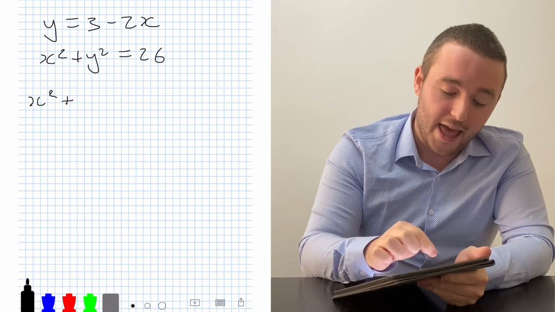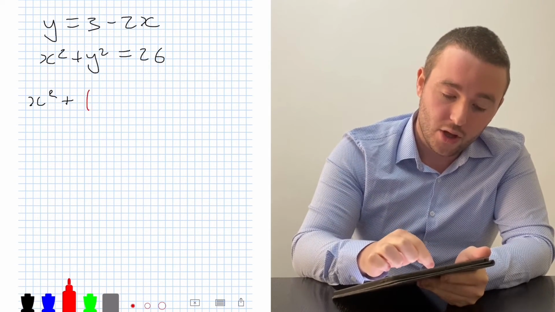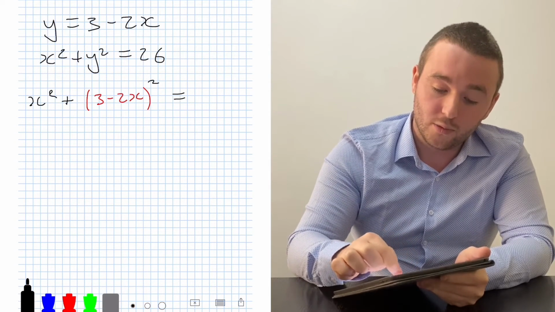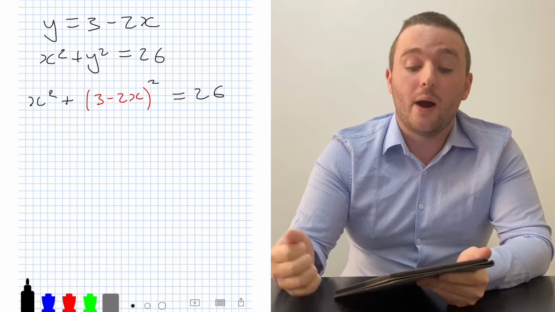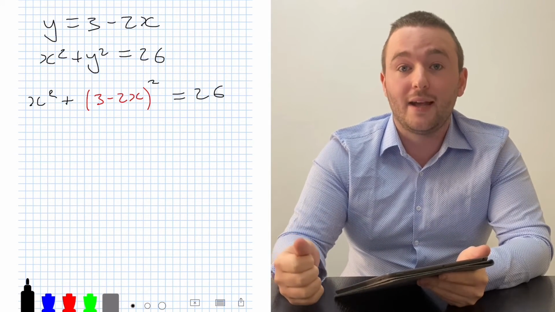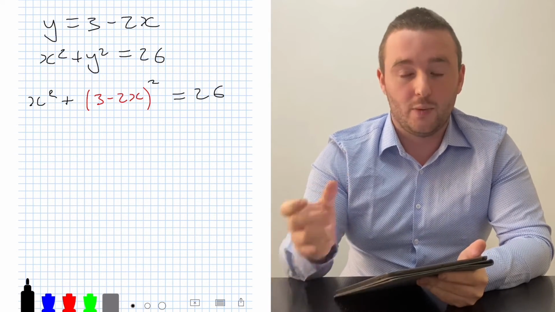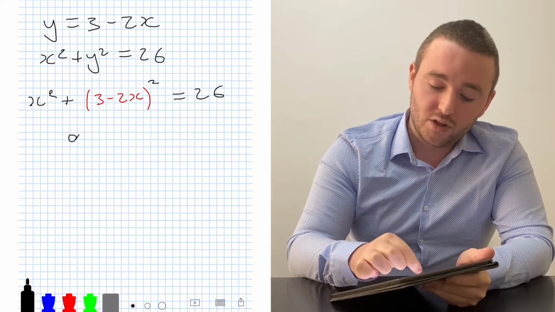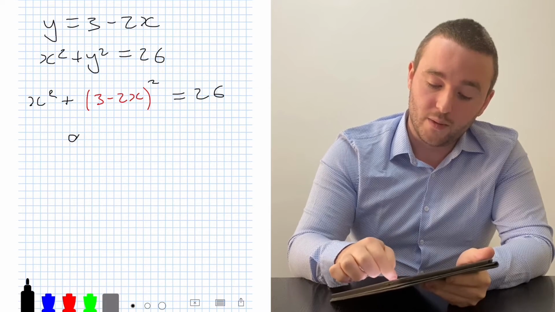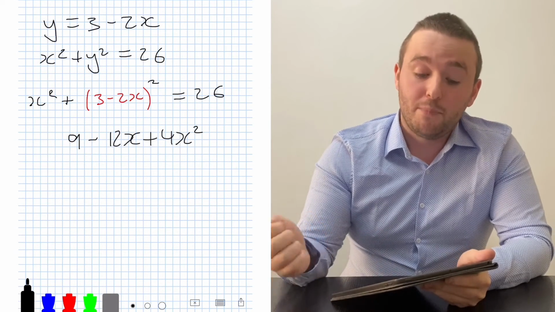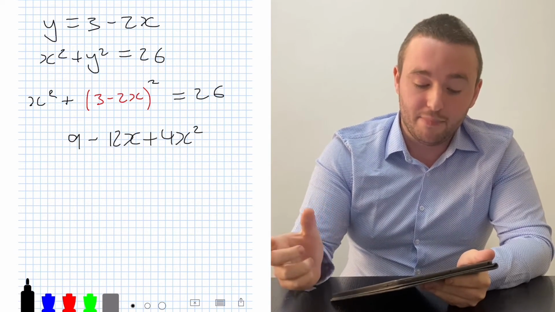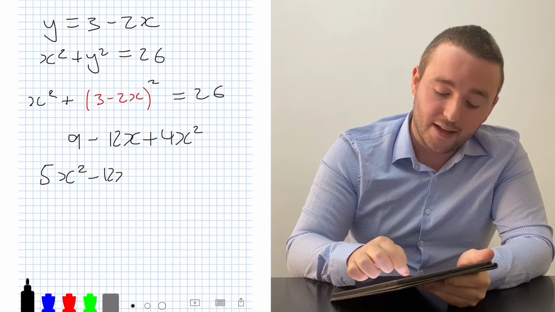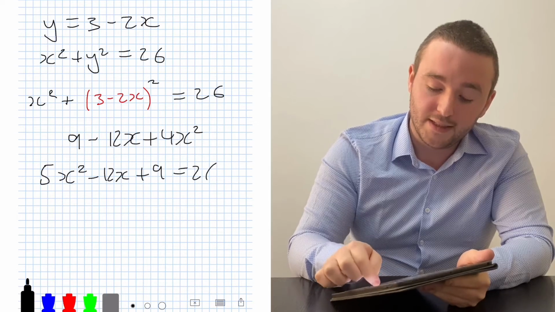That gives us x squared plus (3 minus 2x) squared equals 26. Now, if we write down 3 minus 2x and square it by doing double brackets, that gives us 9 minus 12x plus 4x squared. Putting that into the equation and simplifying gives us 5x squared minus 12x plus 9 equals 26.